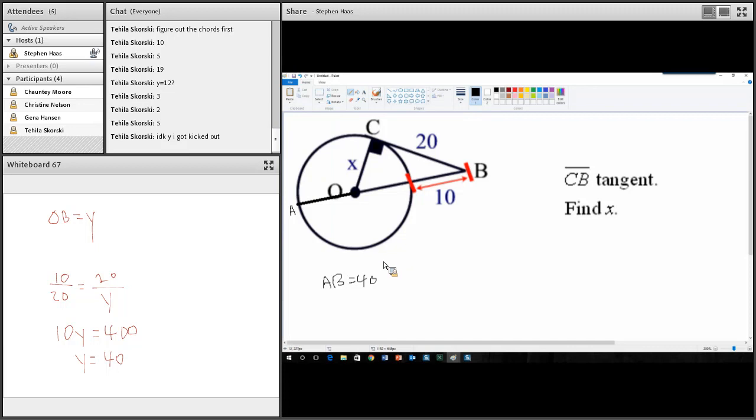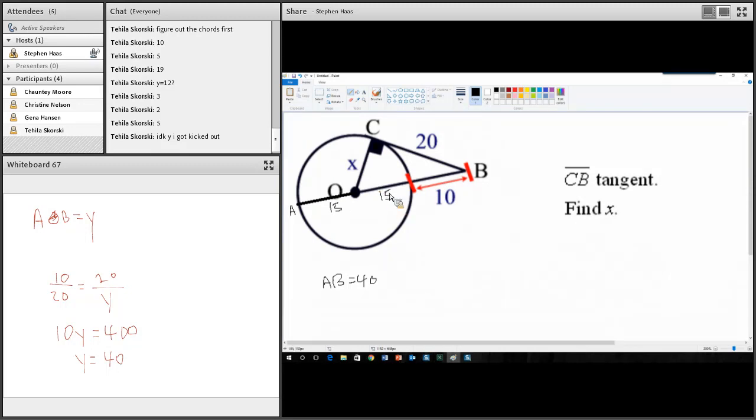Really, actually, this is AB. AB was y, because 20 was the mean proportional between 10 and the entire secant. So if this entire secant is 40, and this is 10, that means the rest of it, the diameter, has to be 30. And if the diameter is 30, that means each radius is 15.